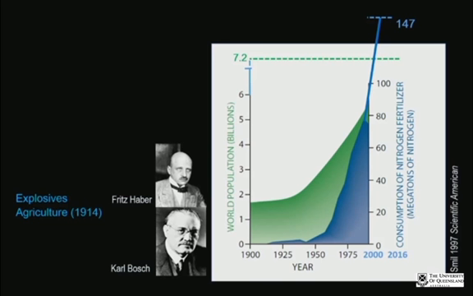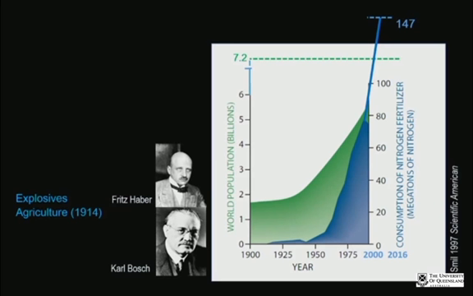We're now at about 147 megatons of nitrogen that is available and mostly used as fertilizer. In green here is the world population, about 7.2 billion people today, and you can see both of them track very closely.